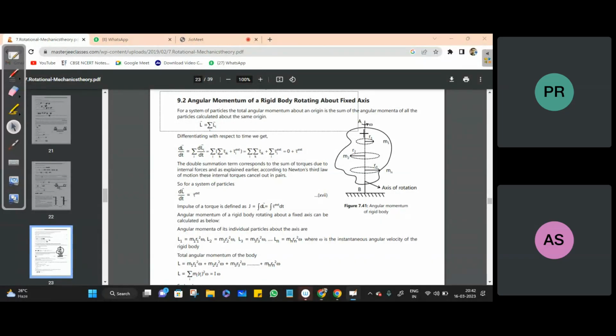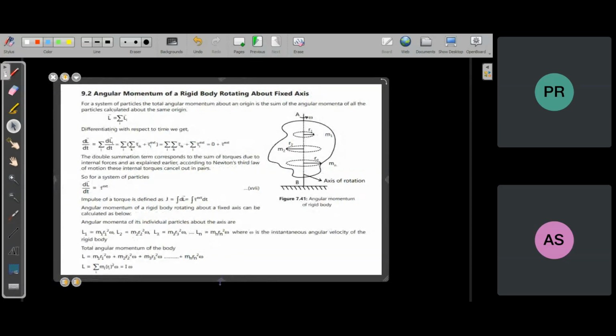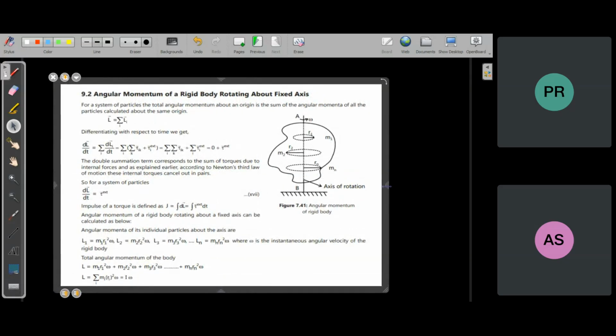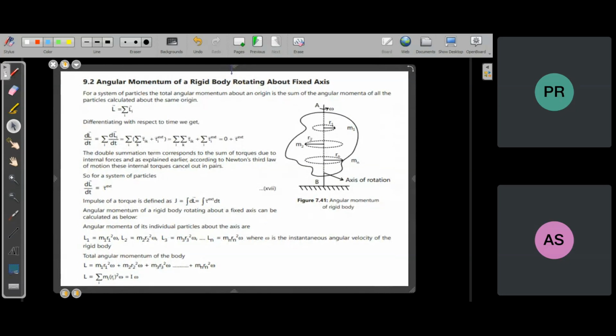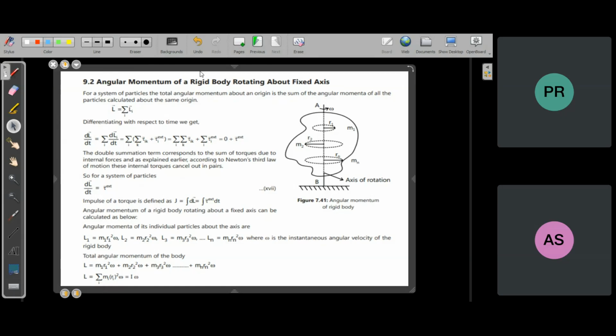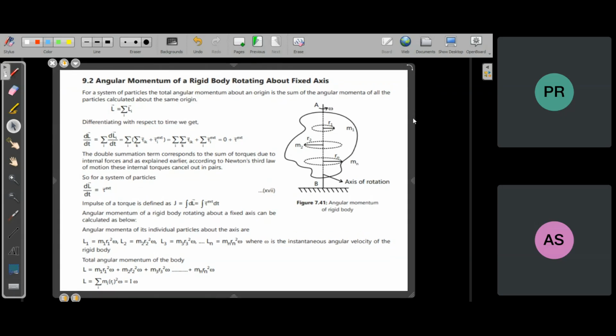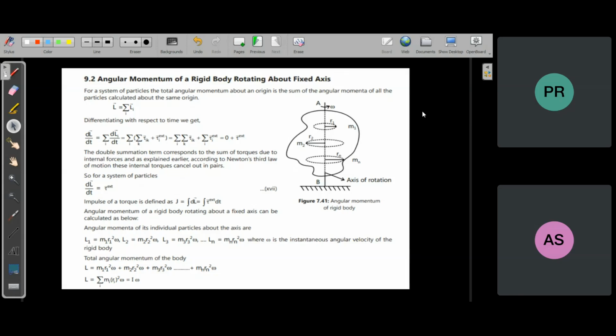So now let's talk about angular momentum of a body about an axis. In the last class, we discussed angular momentum of a single particle about a point. But now we are talking about angular momentum of a whole body about a fixed axis. Whenever you have to find something for a whole body, you have to understand that the body is nothing but a system of a large number of particles.